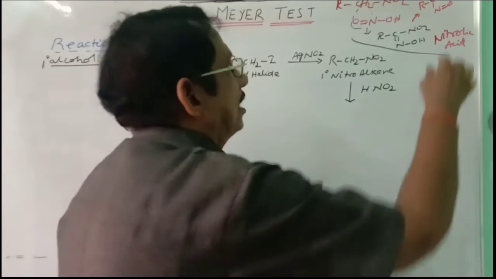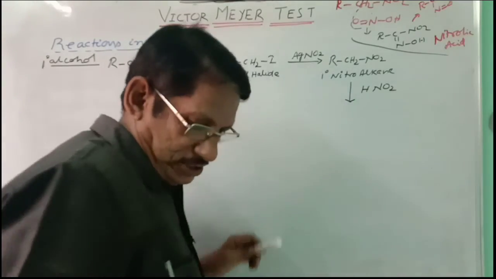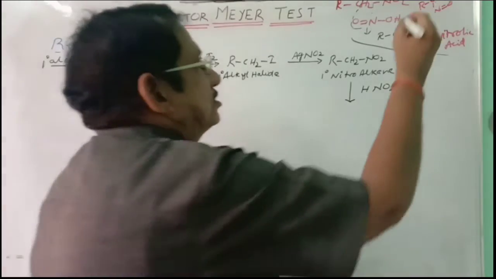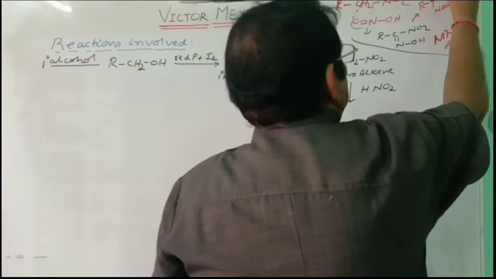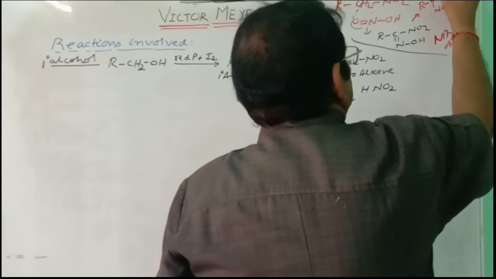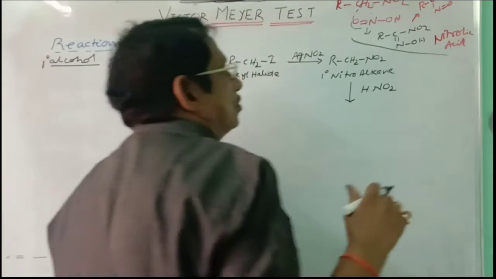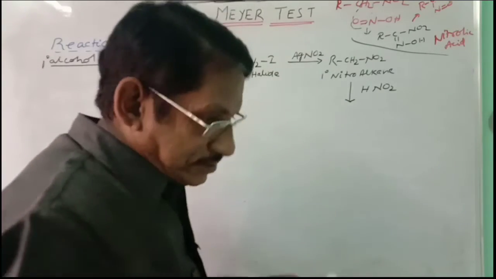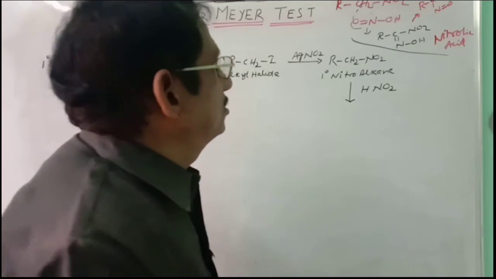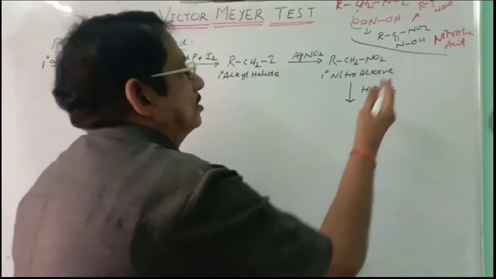Still it is having acidic hydrogen, don't forget. This hydrogen is acidic. So, in this way, after treating this with nitrous acid, you can write directly this one or that one.